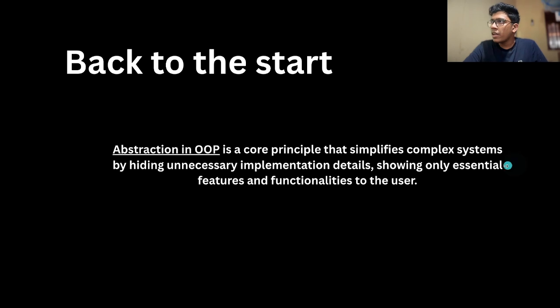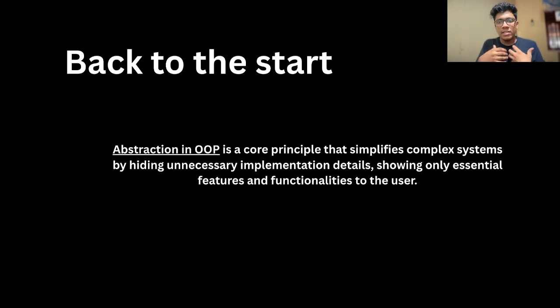If we come to the definition of it, abstraction in OOP is a core principle that simplifies complex systems by hiding unnecessary implementation details, showing only essential features and functionalities to the user. This is the textbook definition of abstraction.